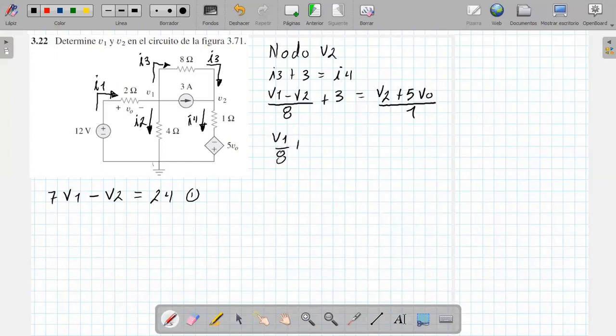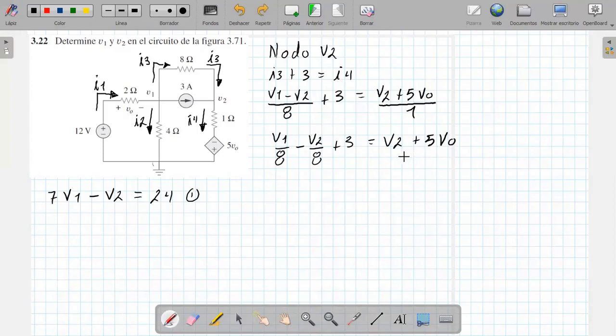I'm going to say that P1 over 8 minus B2 over 8 plus 3 is equal to B2 plus 5 times B sub 0.